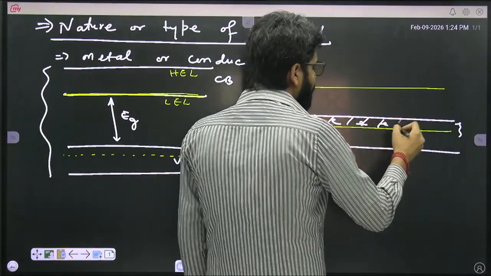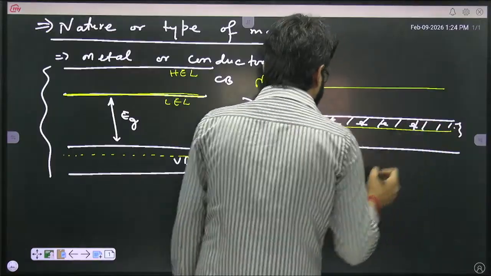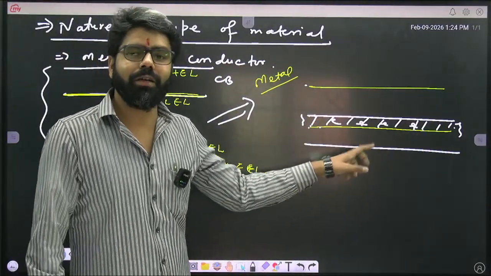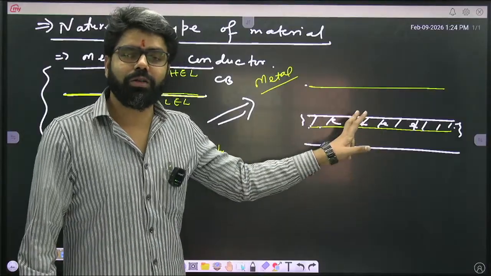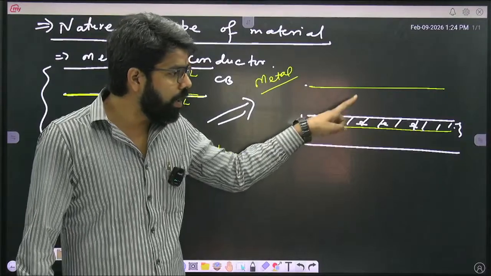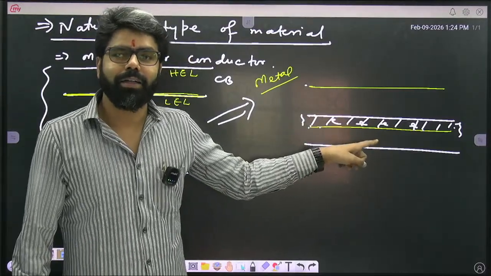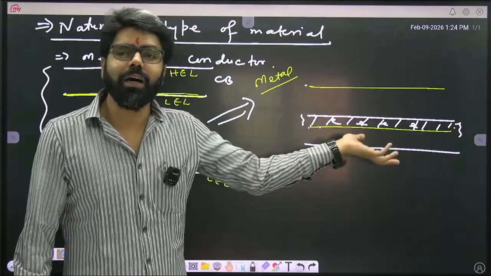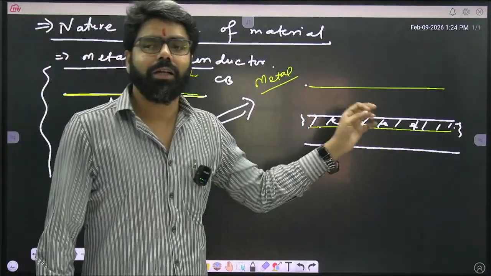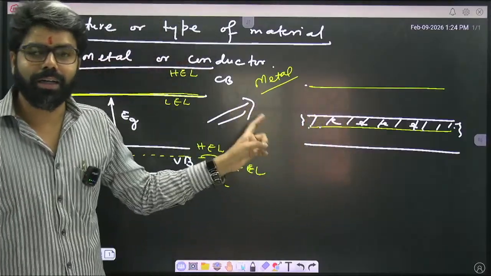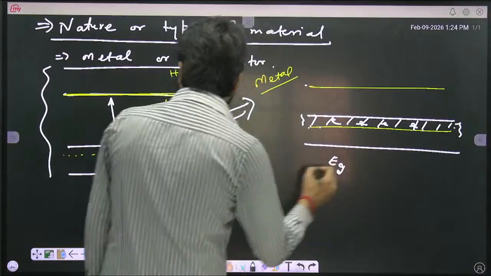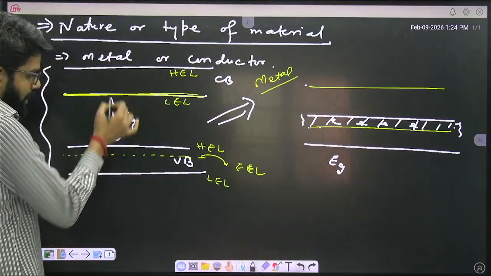So whenever a potential difference is applied, there is a generation of electric field, due to which the electron starts transiting. Electrons are already in the conduction band, that is why metals are readily conductors. So metals like copper and iron can conduct electricity at room temperature.